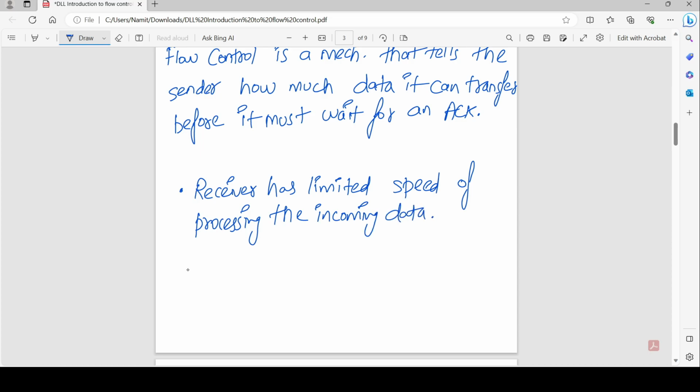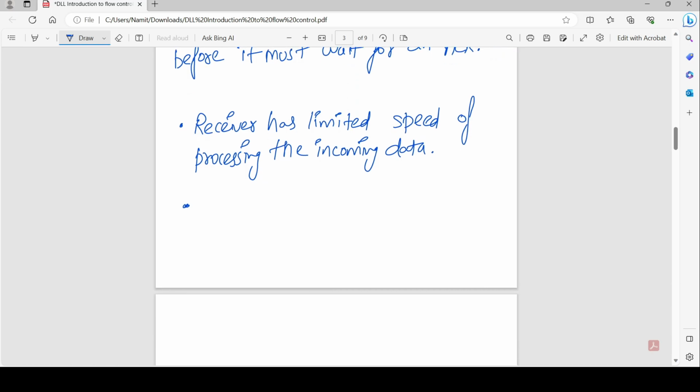Done. Next one, it has limited amount of memory.